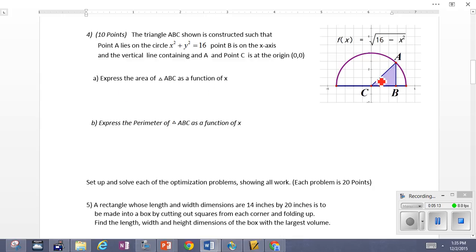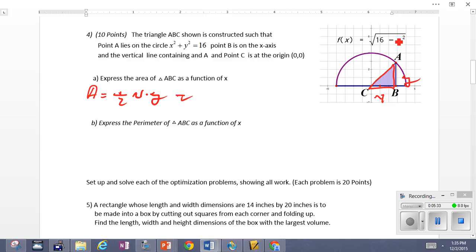Express the area of this triangle right here. This triangle is composed of one side x and one side y. The area is equal to 1/2 the height times the base, so it's 1/2 x times y. Okay?